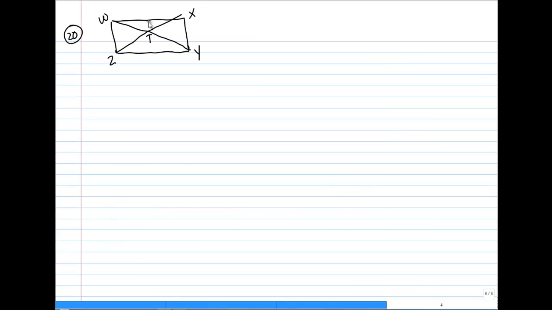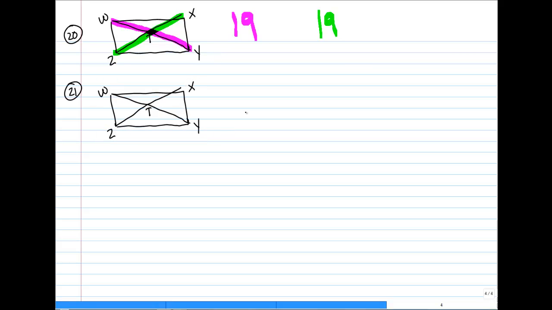Okay, so for right now, it says that WY is 19, so all of this is 19. Then it asks what is ZX, what is this here? Which of course is 19, because if it's a rectangle, they are congruent. Here's another one.